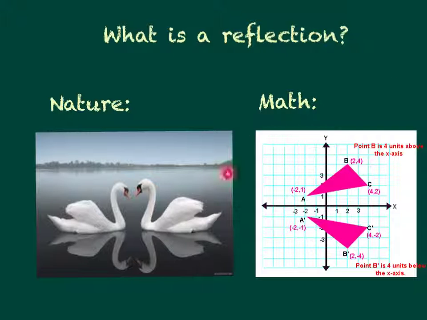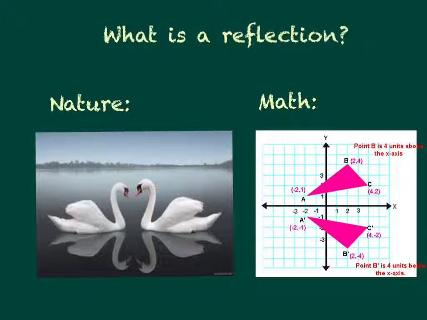On the right over here, you see a coordinate grid. On the top, there is a triangle that I'm outlining right now, and it has been reflected over the x-axis. In math, we almost always talk about a place over which it was reflected.